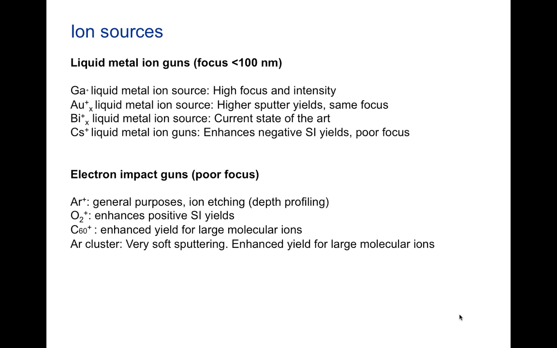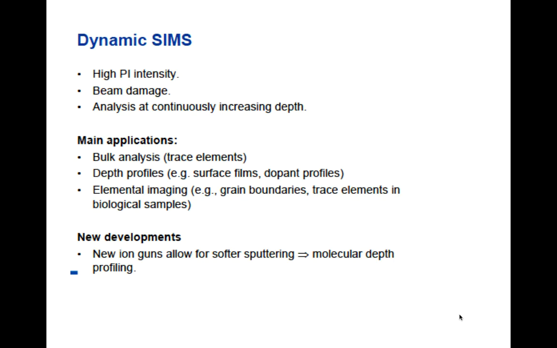Argon is for depth profiling and ion etching, and secondary ion yields are enhanced for oxygen plus. For large molecular ions, you can use C60 plus. And if you use argon clusters, you get soft sputtering, and then you can have a good yield for large molecular ions.